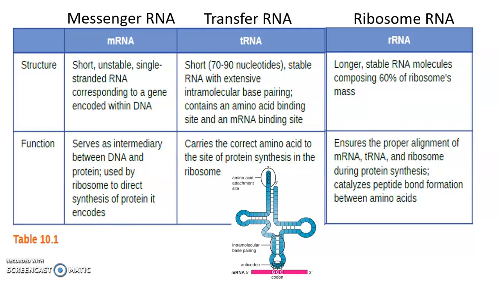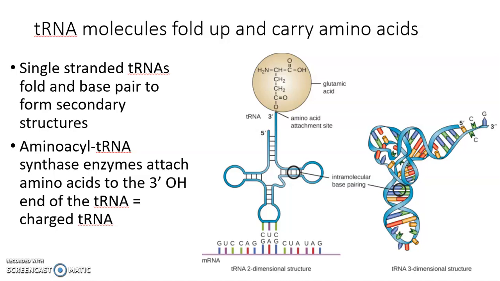But first, we want to take a look at the structure of your tRNA molecules. Here we can see our tRNA molecule that's been folded up over on itself. On this 3' hydroxyl end right there, we have our amino acid. This is known as the clover leaf diagram. But these tRNAs actually fold over on top of themselves, so in three-dimensional space, this thing would almost be folded in half.